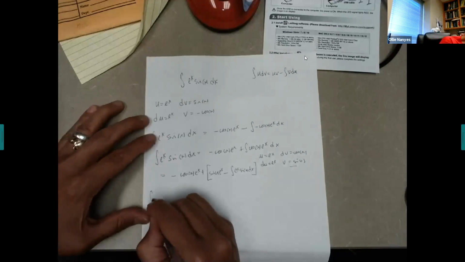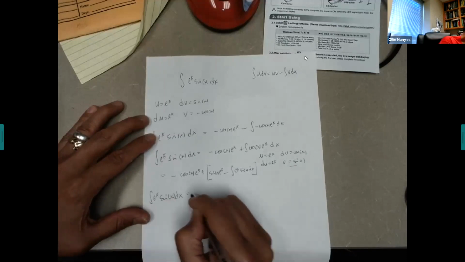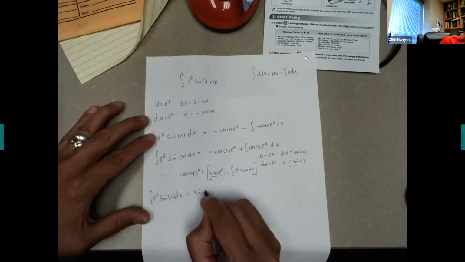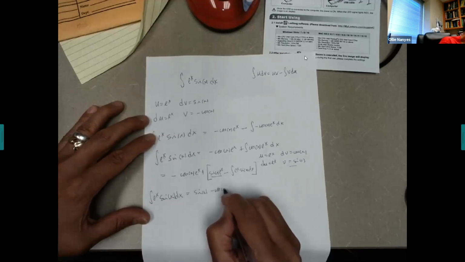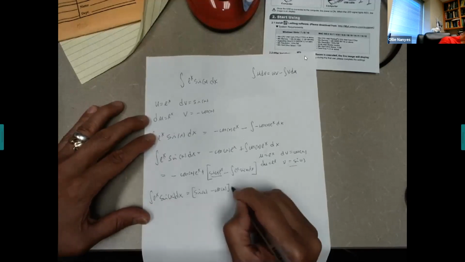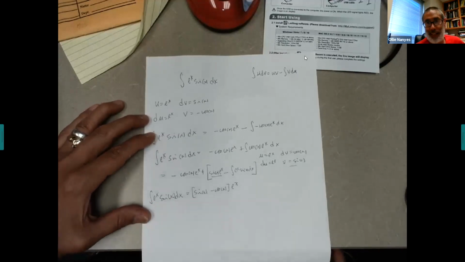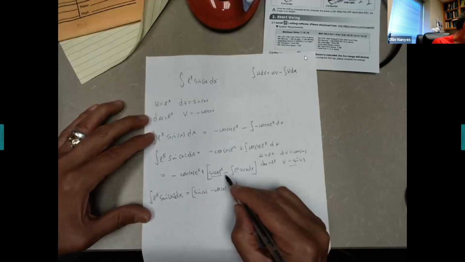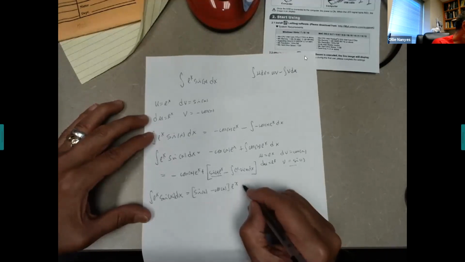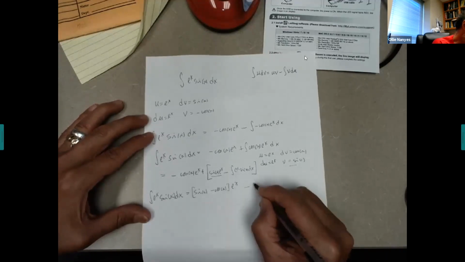So we now have e^x sin x dx, and I'm going to combine these two. So I have a sine x minus cosine x, and I'm going to distribute that e^x on the outside. In a class, I probably would do that in two steps.